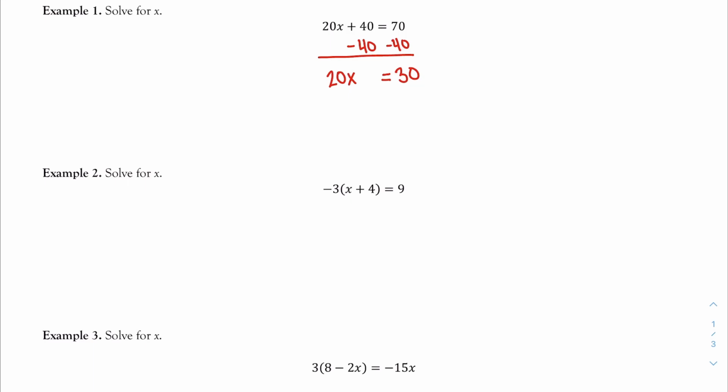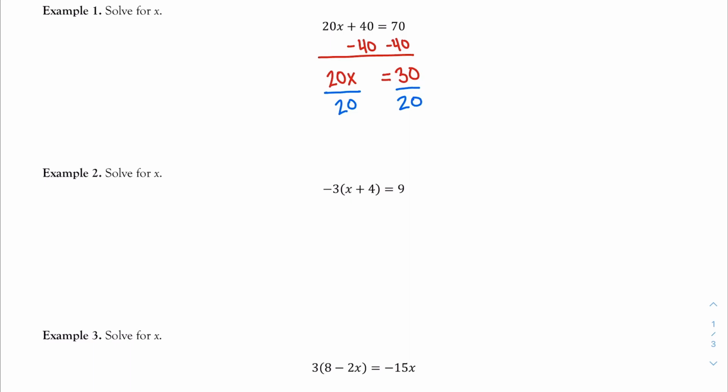Step 4 says divide both sides by the coefficient of my variable. Well, here I have 20x. Remember, whenever I'm trying to solve for x, my goal is to just get x by itself equal to some other number. So in other words, I have a 20 in the way. So I'm going to go ahead and divide the left and the right by 20.